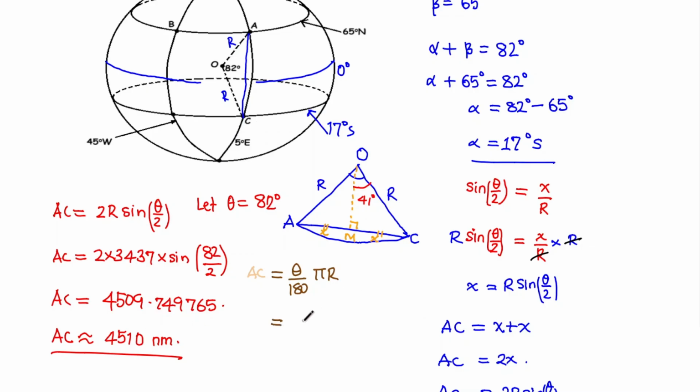For the purpose of comparing, let us take a look. Our theta is 82 over 180 times 3.142 times R, and that is 3437. Let's enter this into a calculator and see what results we get.